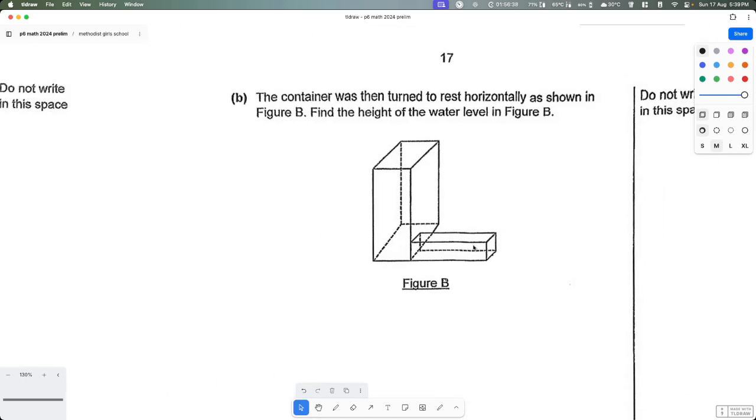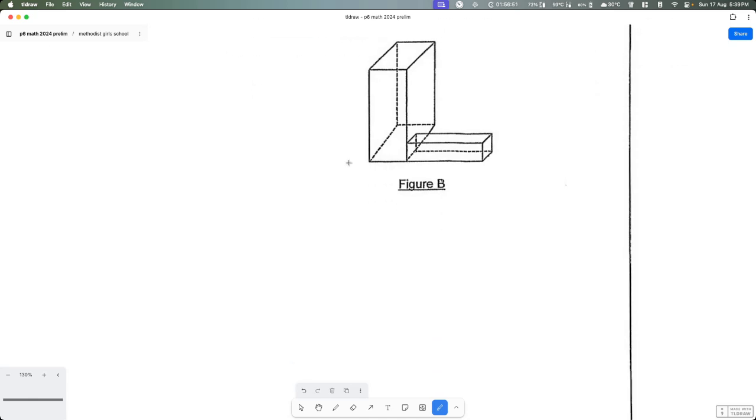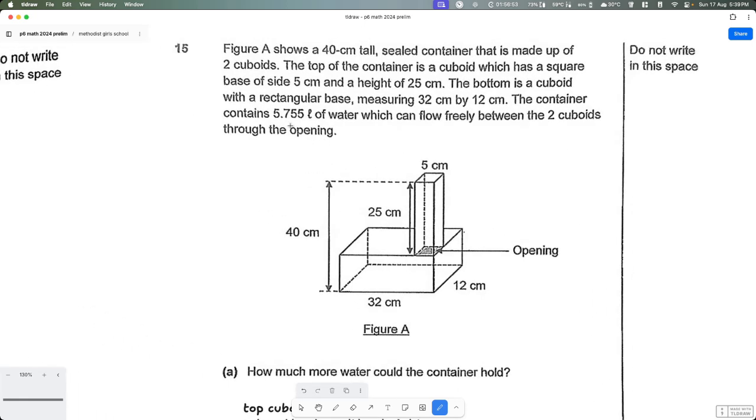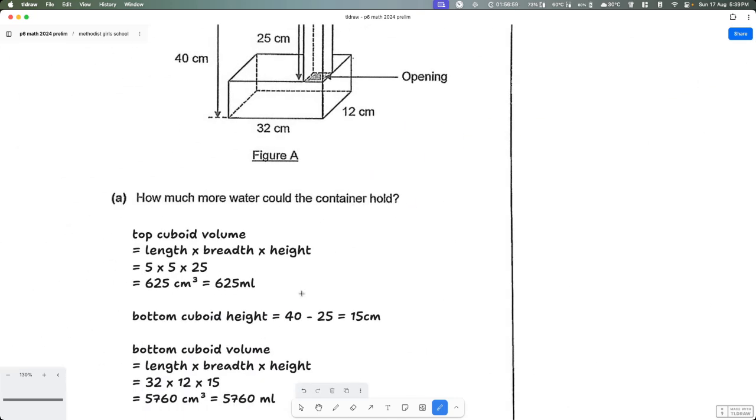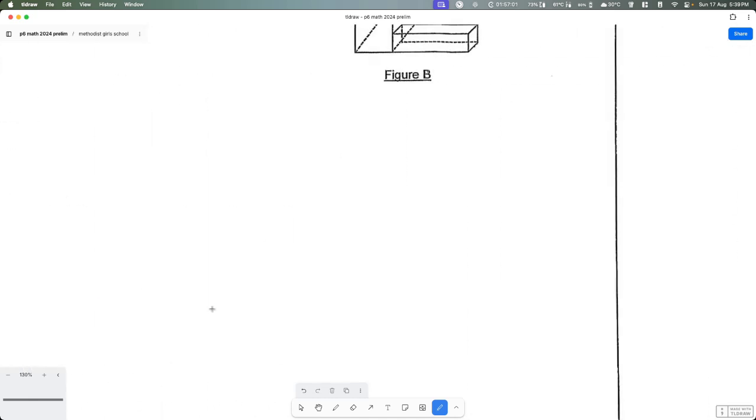Okay, so part B, the container was then turned to rest horizontally as shown in figure B. Find the height of the water level in figure B. Right. So we know the container has 5.75 liters. So if we lay it down like this, the smaller cuboid should be filled up. That's what we see over here. It's only 625 milliliters.